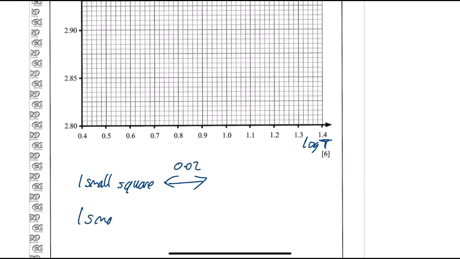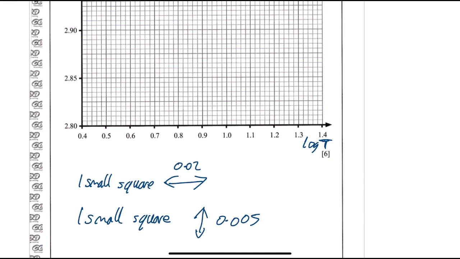One small square vertically is worth 0.005. Okay, so that's what we've got.